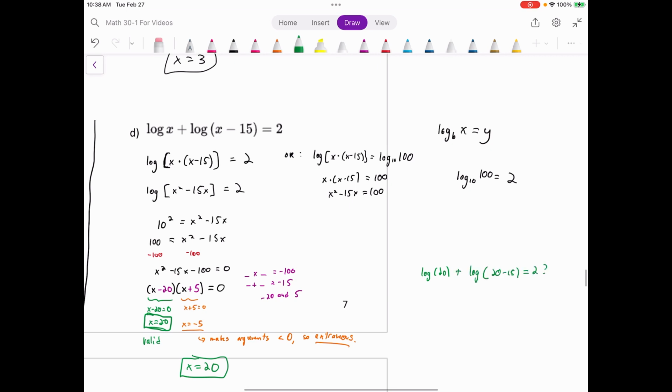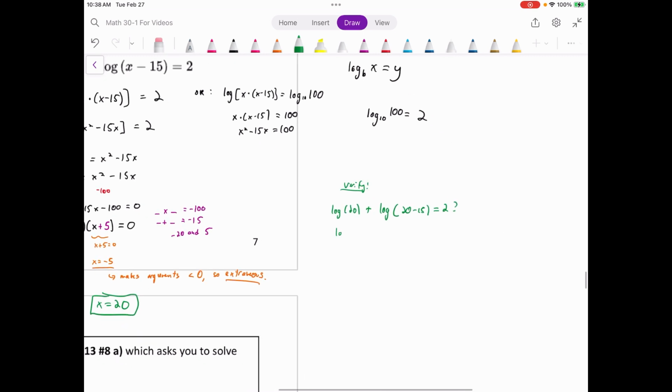This is just verifying our work. Well, this is log 20 plus log 5. Does that equal 2? Well, log of 20 plus log of 5 is log of 20 times 5, or log of 100. And hey, sure enough, log of 100 is 2, because 10 squared is 100.